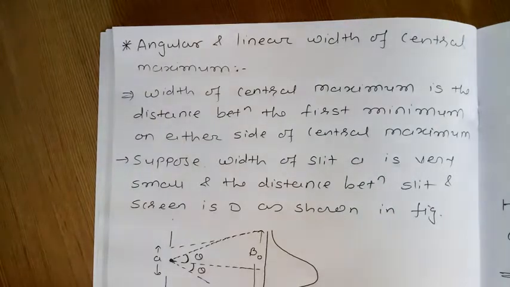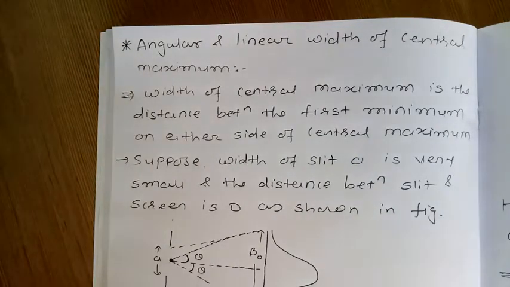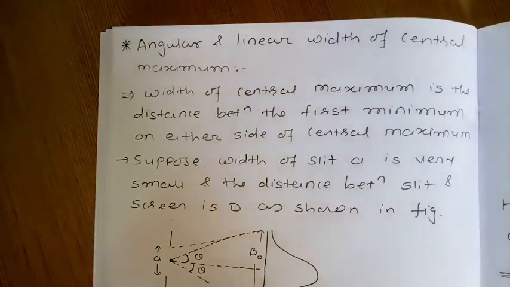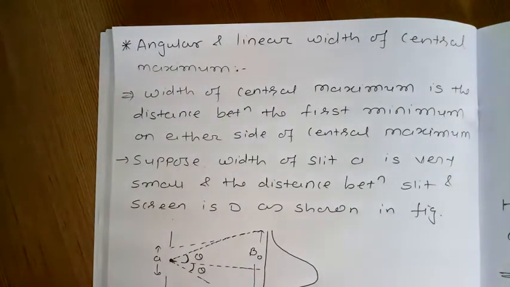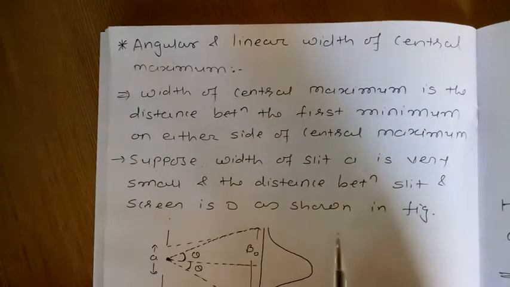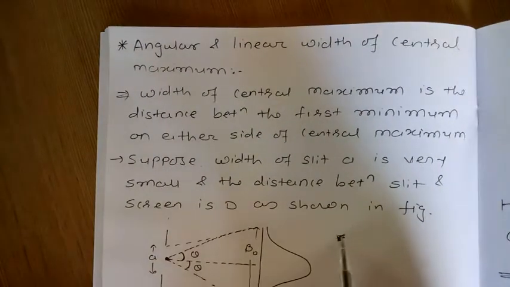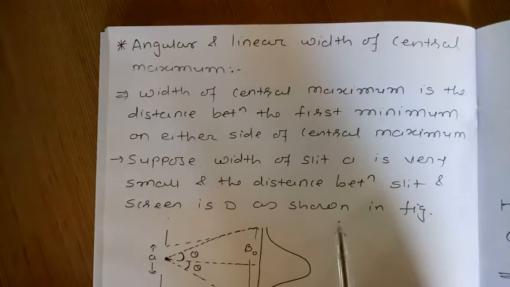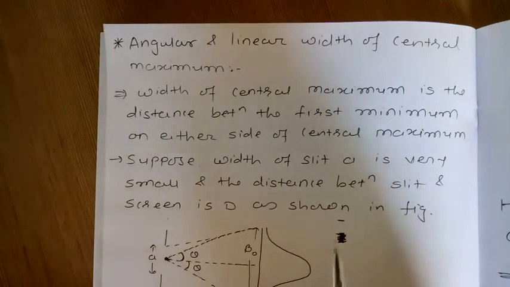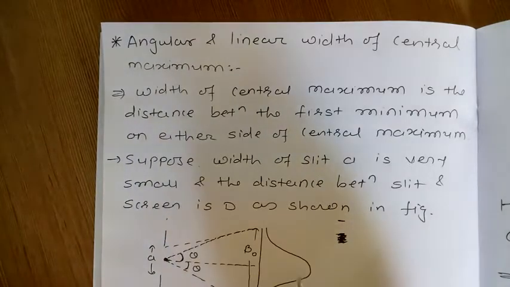The width of the central maximum is the distance between the first minimum on either side of the central maximum, right? We can easily say that because suppose this is the central maxima, and suppose here there is the first minimum.